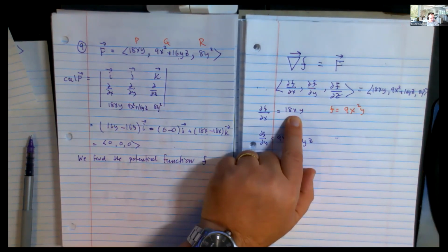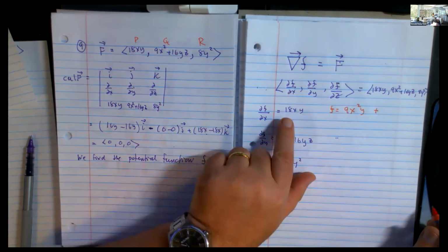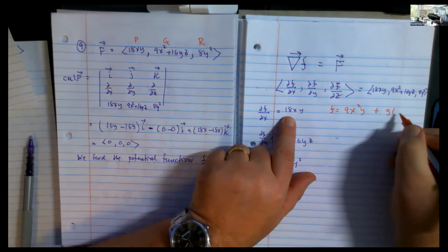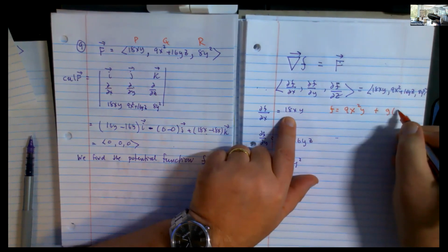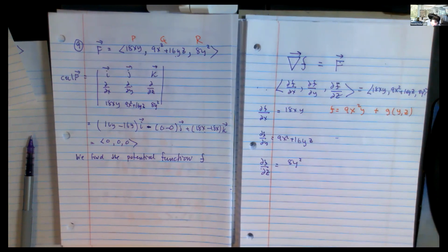You agree, with respect to x, 9x squared y. Now, plus an arbitrary constant. Well, the arbitrary constant is some function that doesn't have x in it. So that's just basically a placeholder.